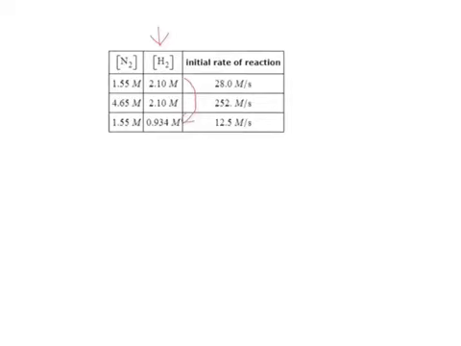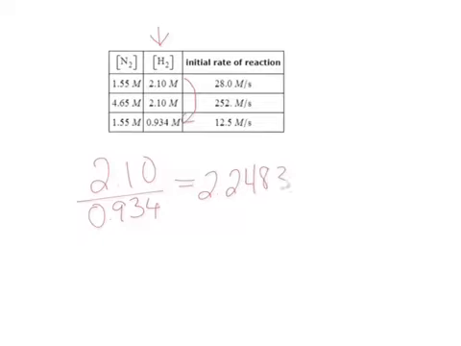We're going to divide 2.10 divided by 0.934, and on my calculator here, we get 2.2483. So this is just the ratio between the two.